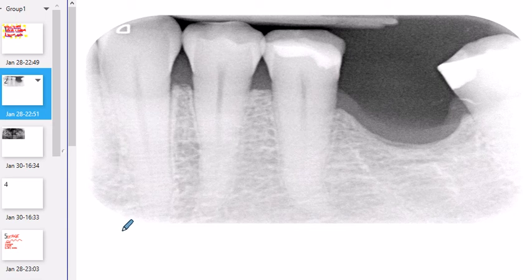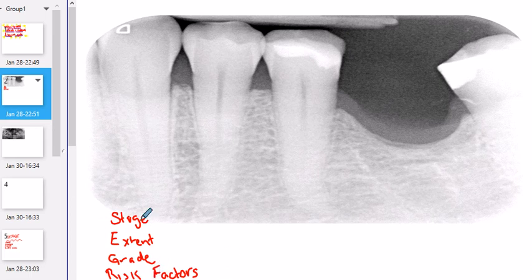We're going to find out the stage, then look at the extent of the disease, then look at the grade, and then consider any risk factors. And this will give us a diagnostic statement.